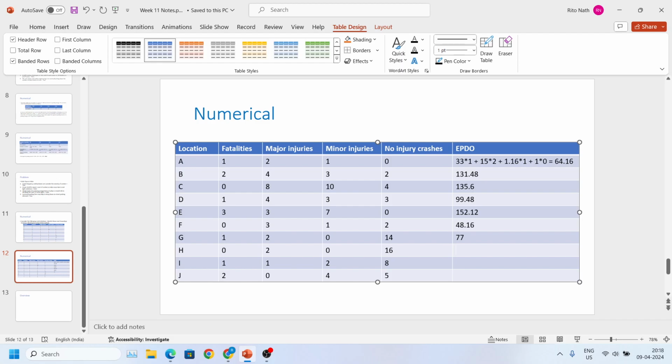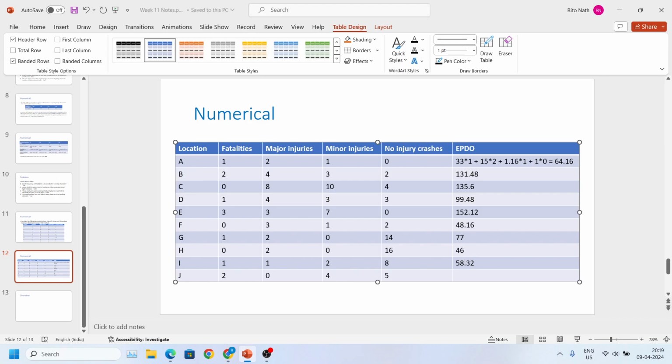Next one, you have only 15 times 2 plus 16. So this is 46. Next one is 33 times 1 plus 15 times 1, 1.16 times 2 plus 8. This is 58.32.